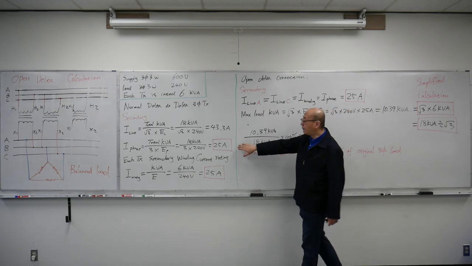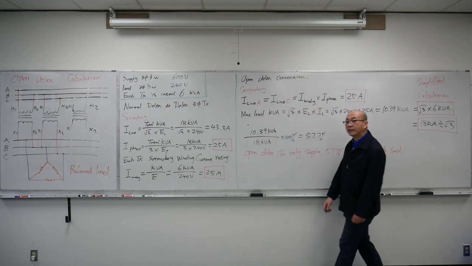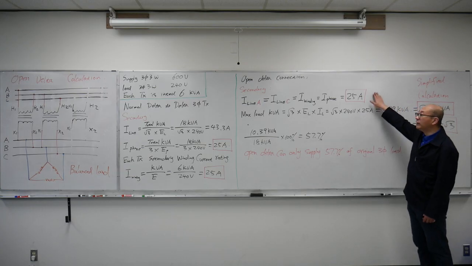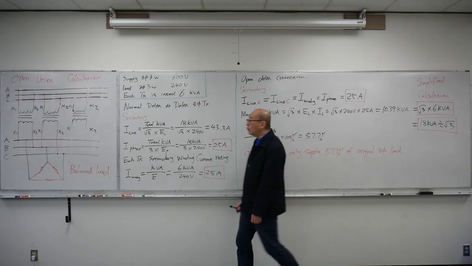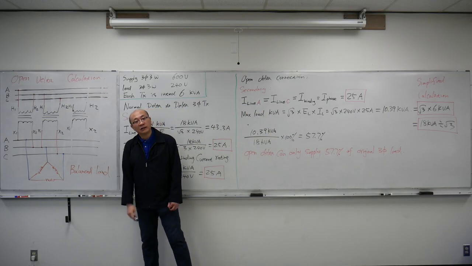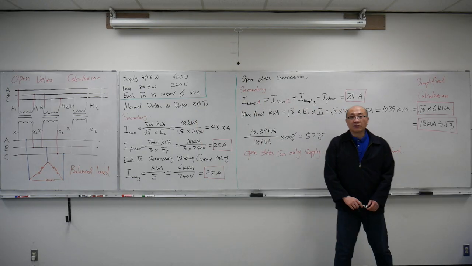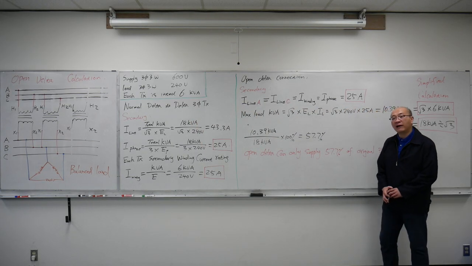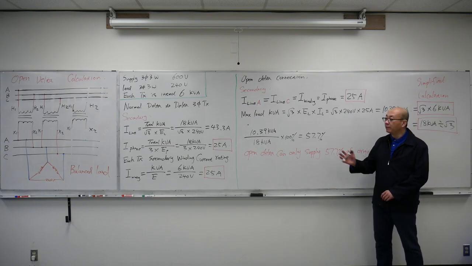We calculated before that the winding current, the phase current, is going to be 25 amps. So we have 25 amps here, because now we know these two lines can only supply 25 amps. That's going to be our line current. Then we can figure out the maximum kVA of the load that could be supplied by this open delta transformer bank.